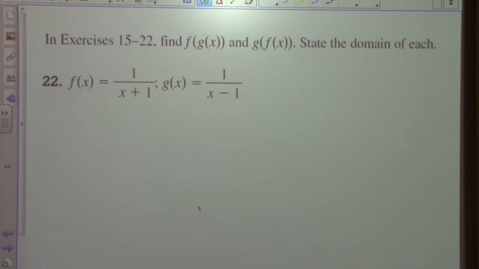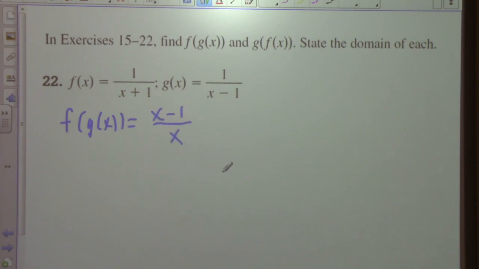And see if this is what you got. Okay, f of g of x is equal to x minus 1 over x.